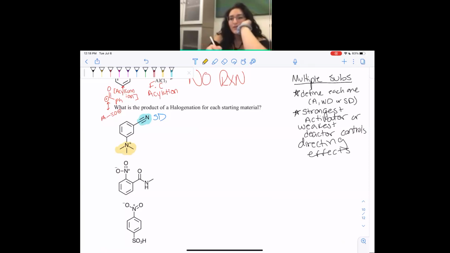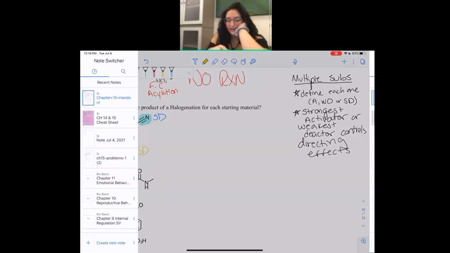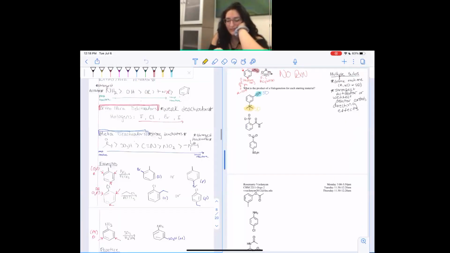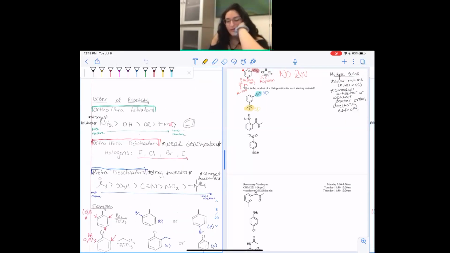This one is also a strong deactivator, absolutely. Uh-oh. So now we're kind of in a predicament, right? So we want the one that is the strongest activator, aka the weakest deactivator.